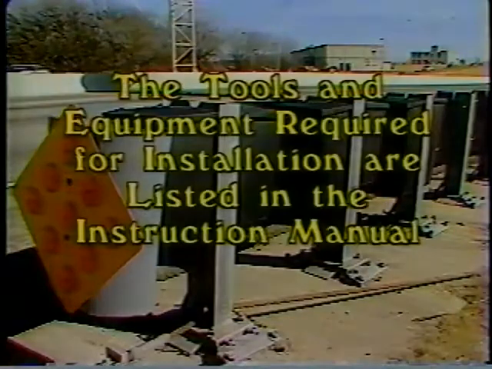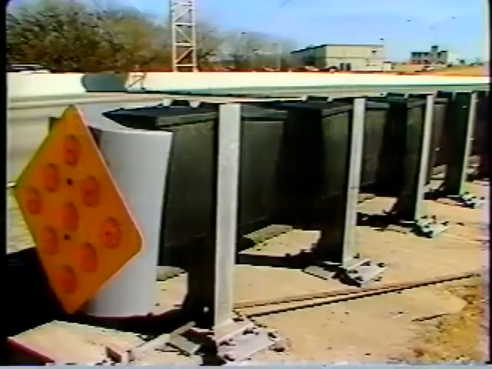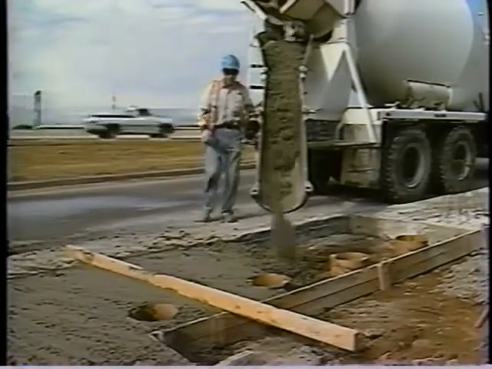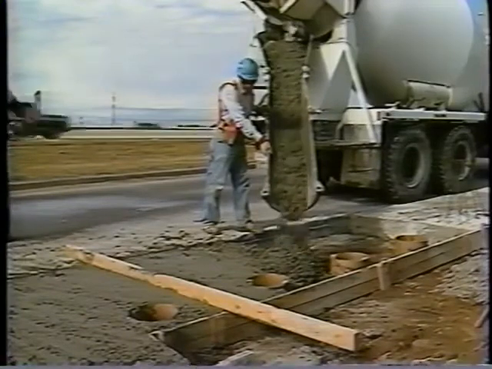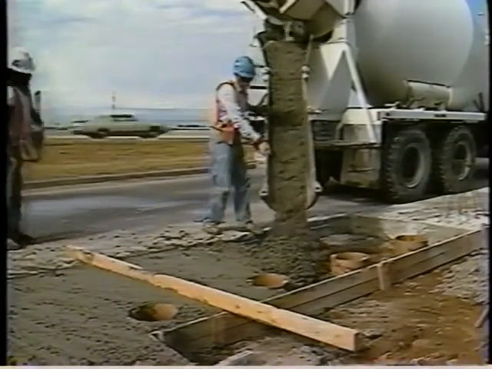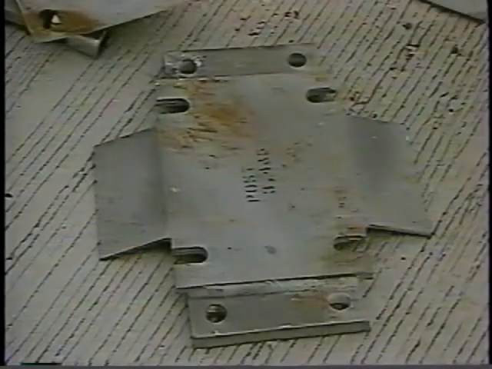The tools and equipment required for Sentry installation are listed in the instruction manual. In anticipation of this installation, a level platform must be poured with a square anchor installed in the front and a rear anchor off to the side with its own concrete base as specified. The Sentry unit may be installed either on straight guardrail or on guardrail that's been flared away from traffic. 2 types of slip bases are supplied for the unit.